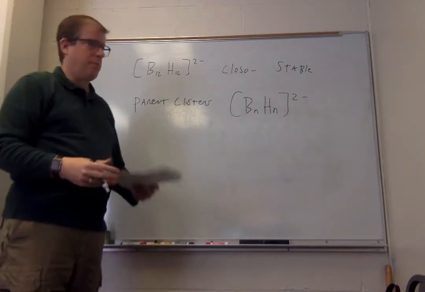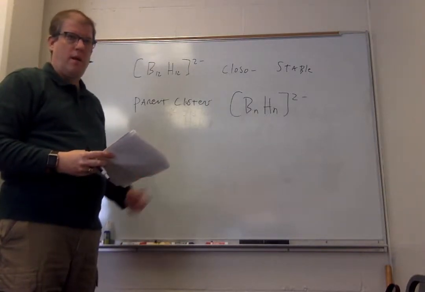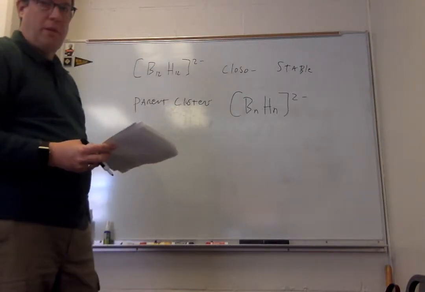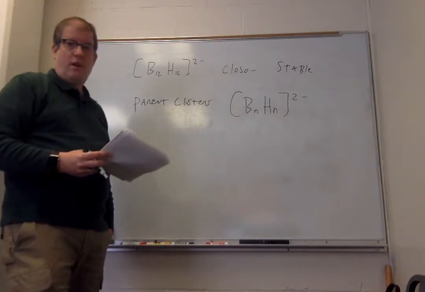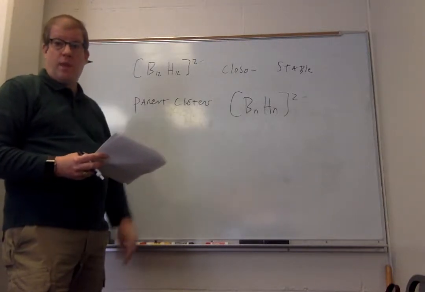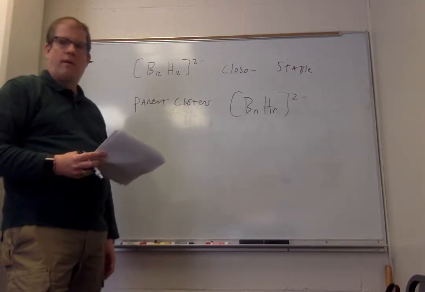So these are salts with some cation. They can be alkaline metals, alkaline earth, ammonium, phosphonium, etc. So there's some cation with a +2 net overall charge associated with this. But these are the common and stable boron hydrogen, or borohydride if you prefer, clusters.